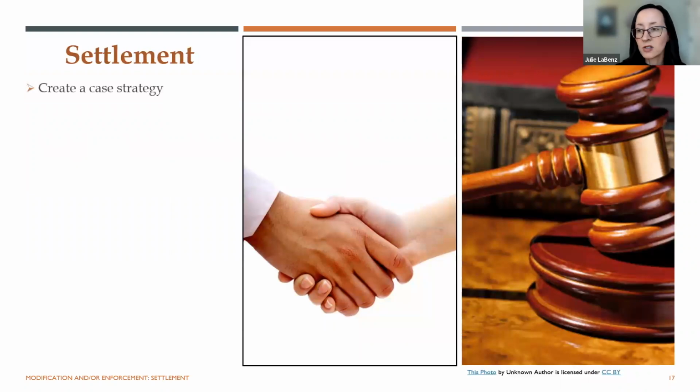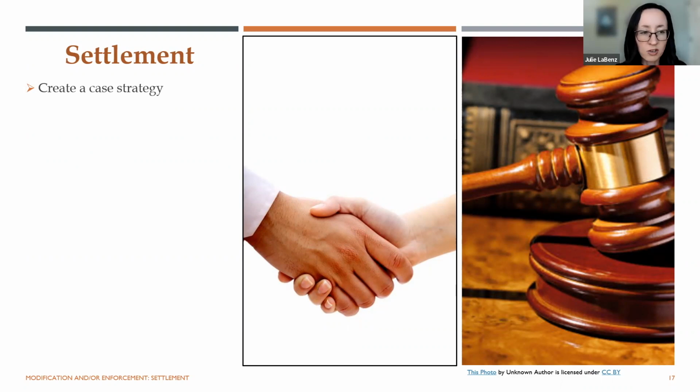So just some ideas. This is not a requirement, but if you're looking to resolve something that needs resolution in your case and you don't want to go through a long, drawn-out court battle, and you think the other side is open to these changes as well, then this is a great time to do it before you file, reaching out with a detailed settlement offer.